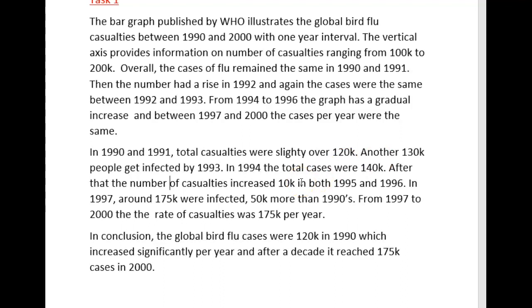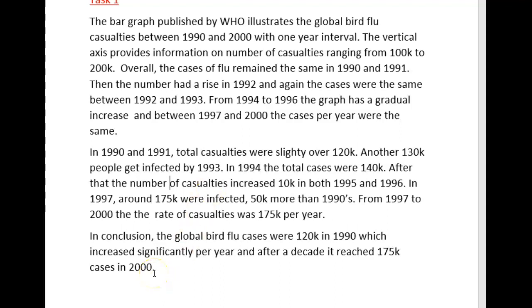Or you could have said, in the 2 years that followed, numbers increased by 10,000 per year. All right, so even that shows a little more critical thinking and more like you're doing something with the numbers rather than just telling them, well, in 1990 it was this, 1991 it was this, 1992 it was this. Okay, so that's what you need to be doing here.